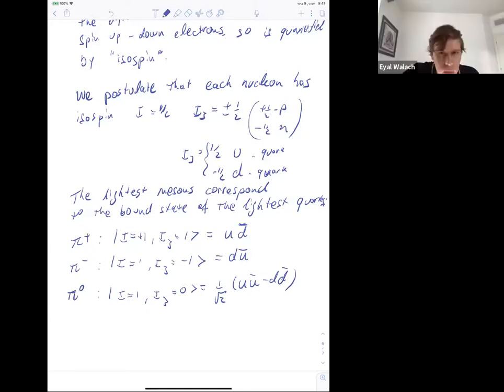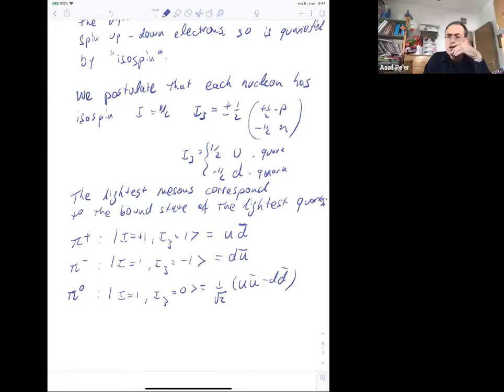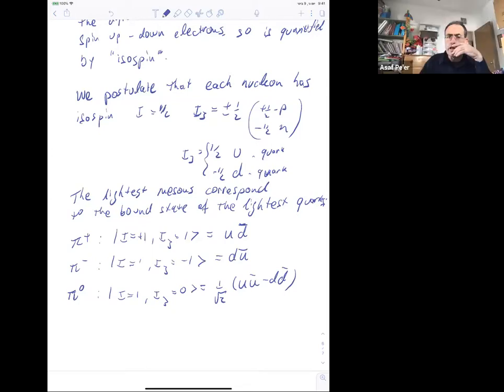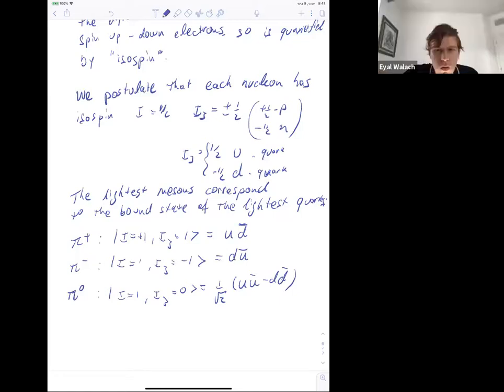May I ask a question? Yes. So you say that up and down have isospin I3 of ±1/2. Yes. But they also carry I equal to 1/2, like total isospin?